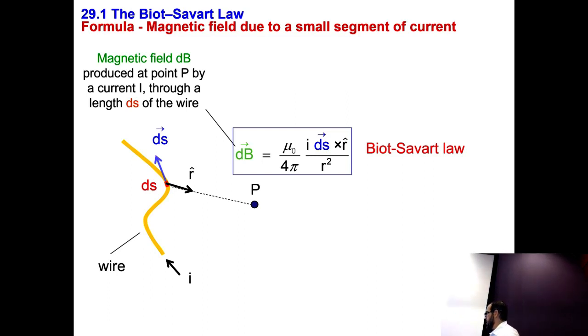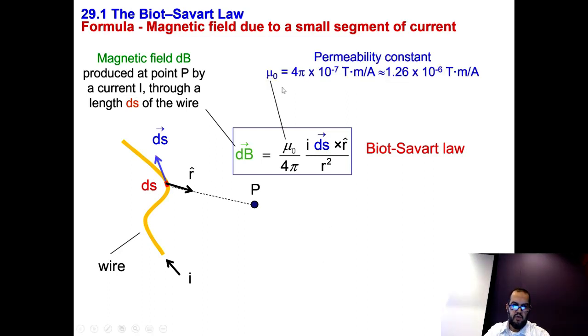The unit vector r has a magnitude of 1 and joins the current element ds with the point of interest P. Mu 0 is called the permeability constant, and it is given by 4 pi times 10 to the minus 7 Tesla meters per ampere. So if you write 4 pi times 10 to the minus 7 and divide it by 4 pi, the 4 pi's cancel and you will have 10 to the minus 7.